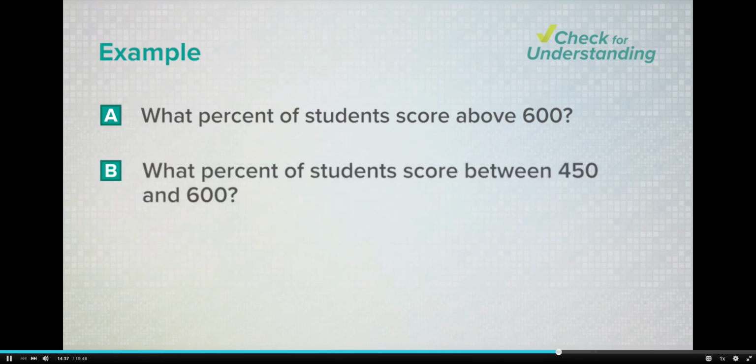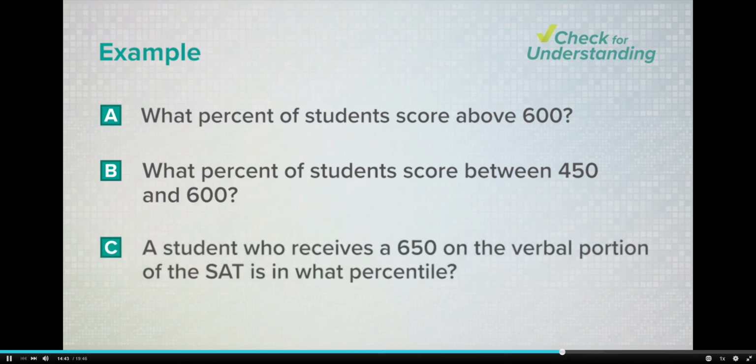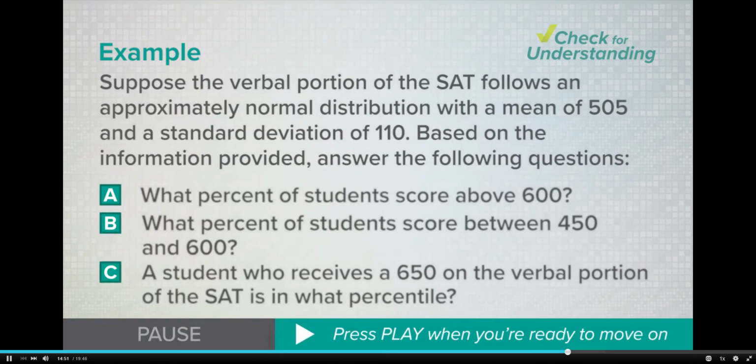B. What percent of students score between 450 and 600? And C. A student who receives a 650 on the verbal portion of the SAT is in what percentile? Pause the video to work on this. Don't forget to draw your pictures and shade. Click play when you're ready to continue.